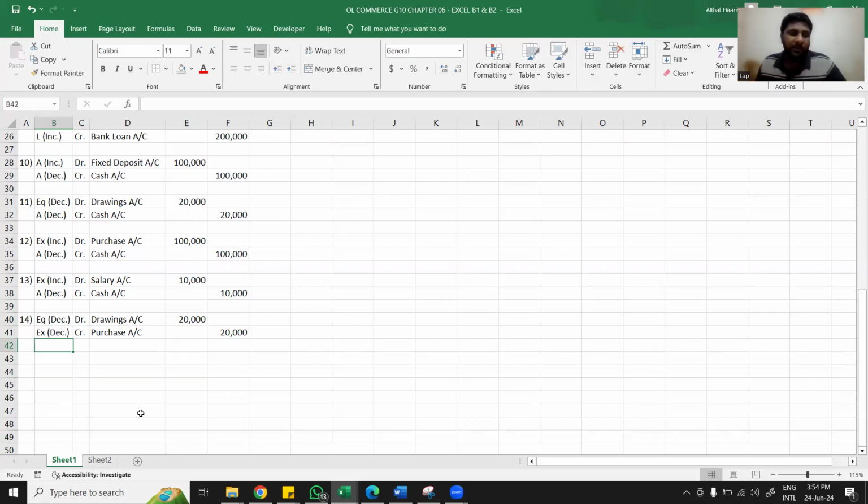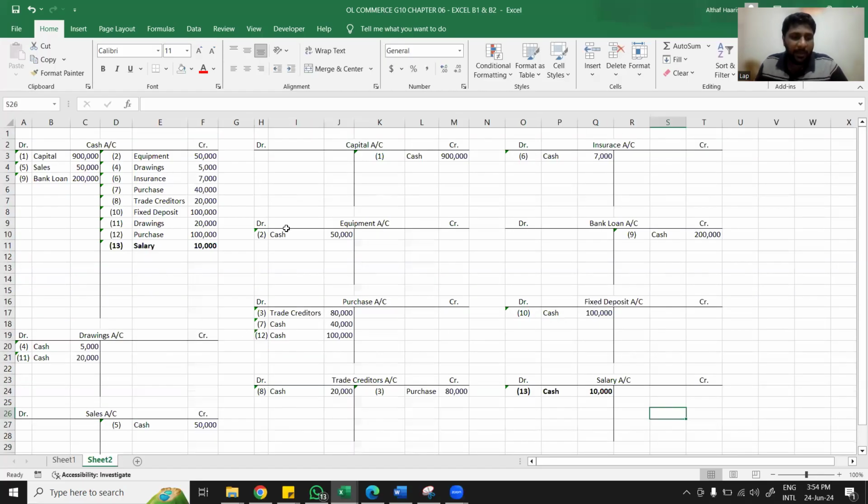Debit drawings, credit purchases. Here you can write drawings, and here you can write purchases.